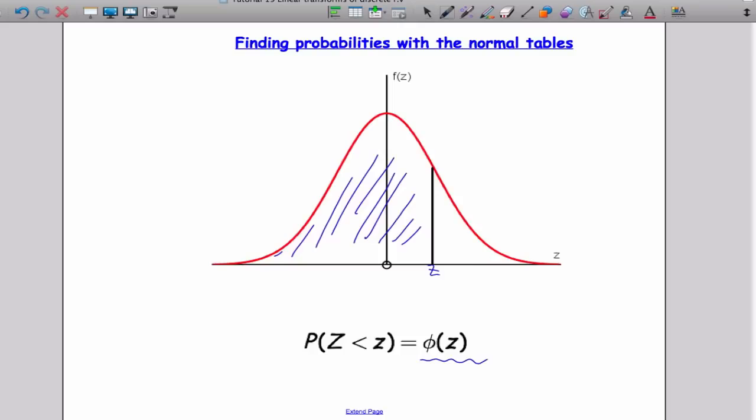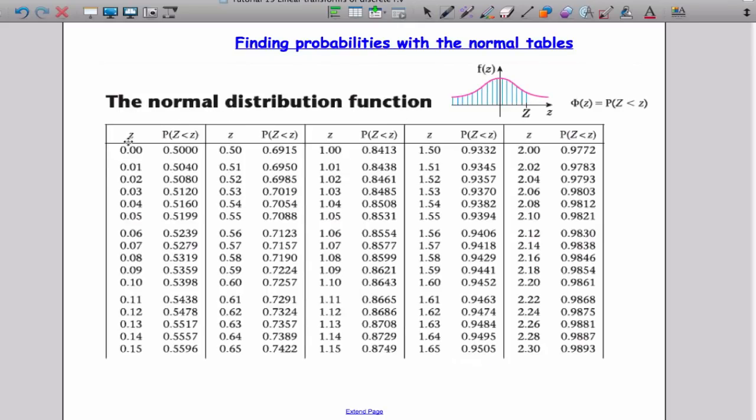The tables look a little bit like this. They are my particular values of z, and also notice that they're all positive. So if I was looking for something like the probability that Z was less than minus 0.01, I will have to start using symmetry to help me get the answers to this.